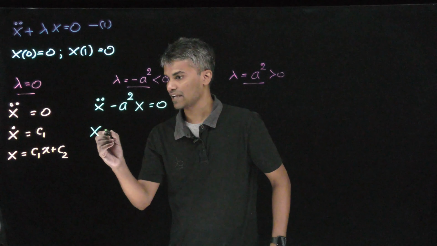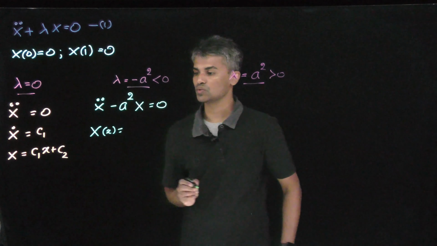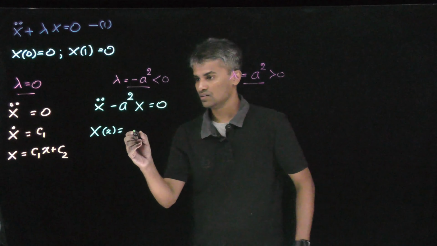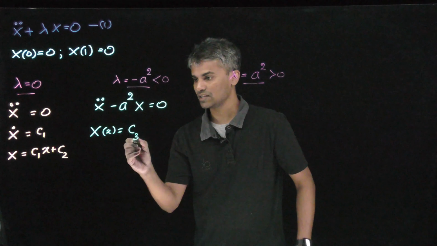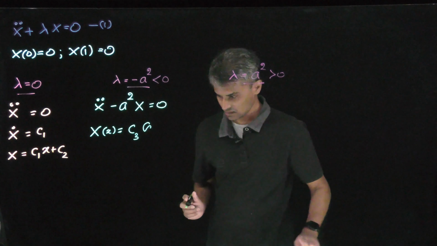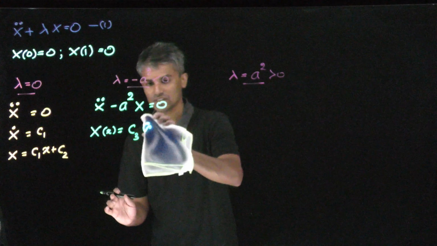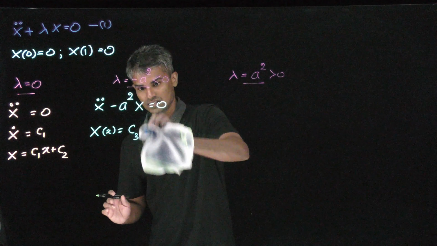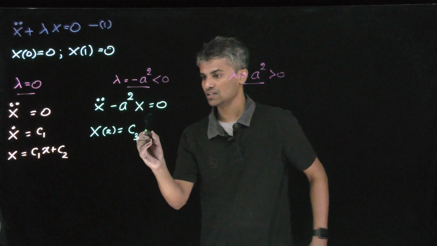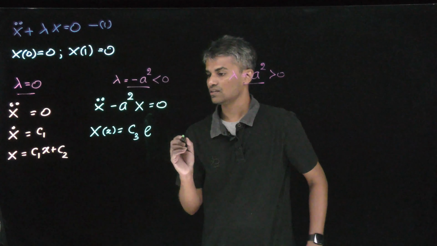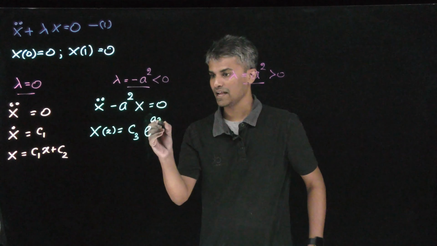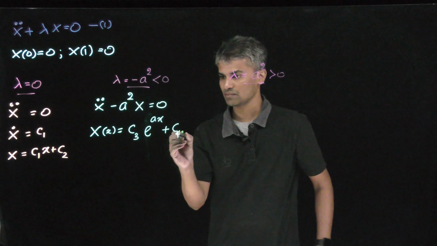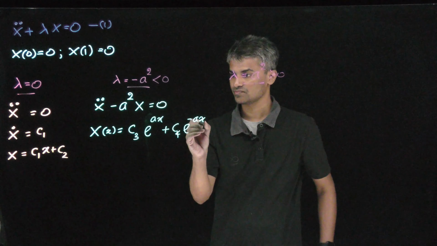Basically, big X of x equals some constant, let's say c3, times, let's use the exponential solution, c3 times e to the ax plus c4 times e to the negative ax.